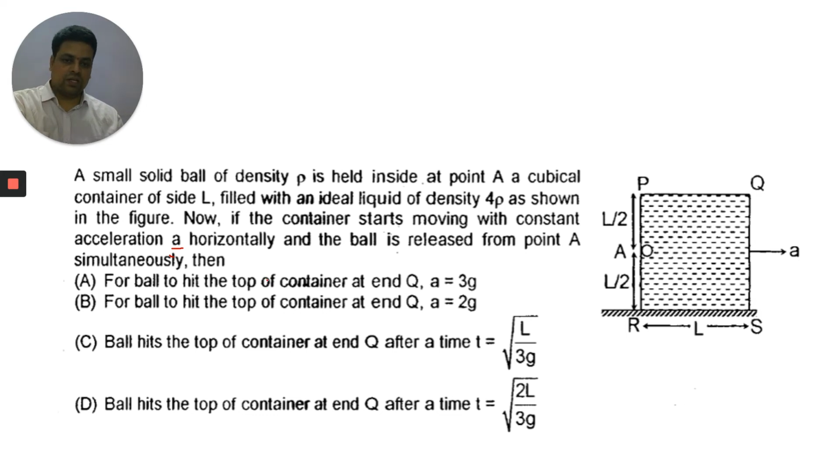Hit the top of the container at end Q in all the four things. End Q is here, starting from here. Questions on what time it will hit and what acceleration. So you need to find acceleration and time, two things here, and answer this problem.